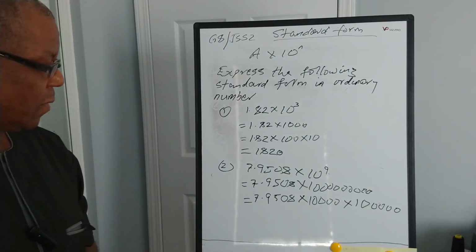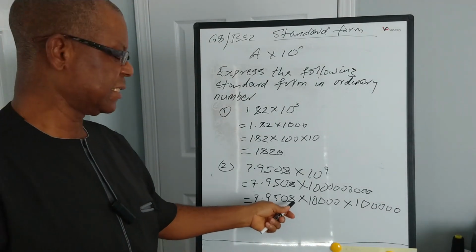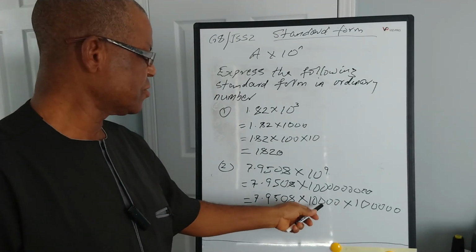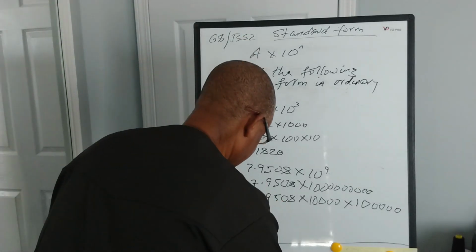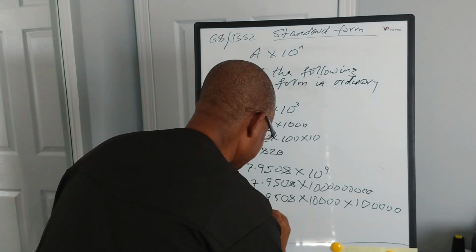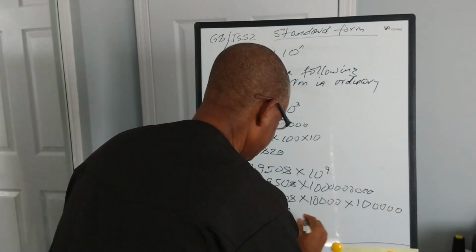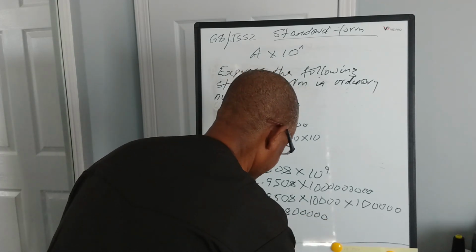Why did I break it that way? To show you that these 4 decimal places will be settled by 10000, 4 zeros. Take care of that. And that will now give us 79508 followed by 00000. This is our result.